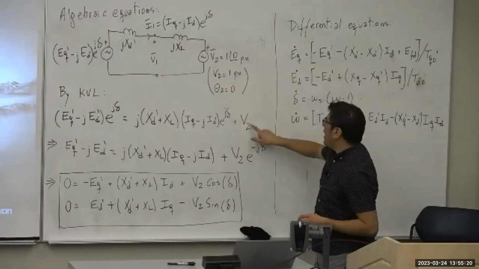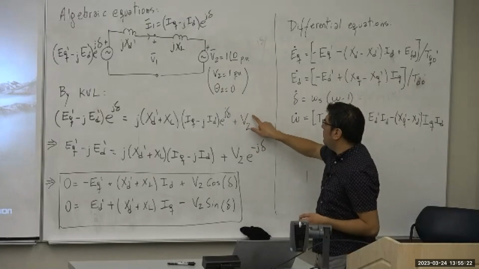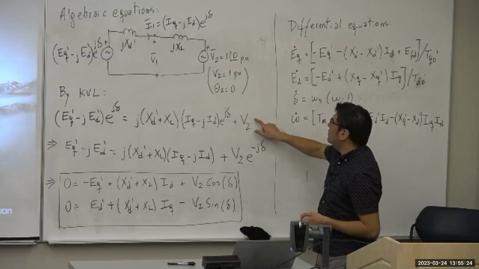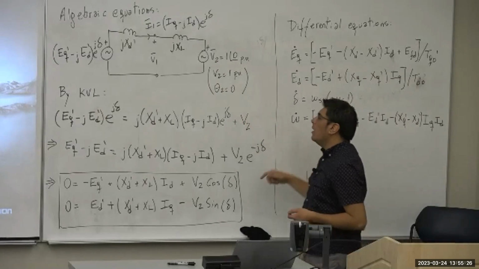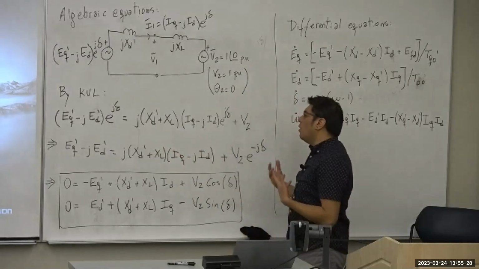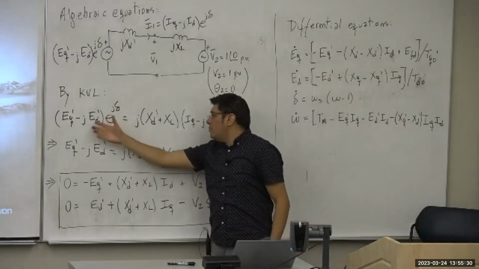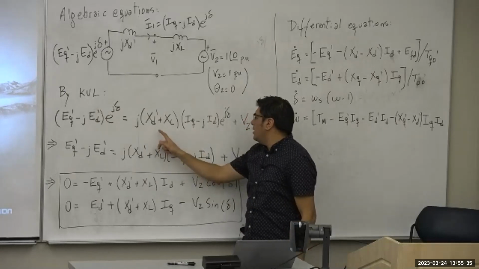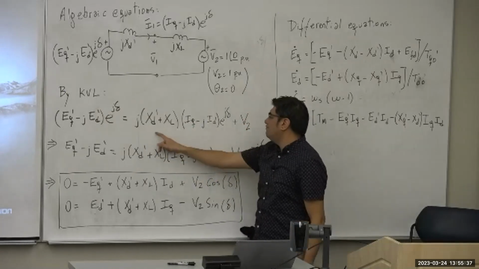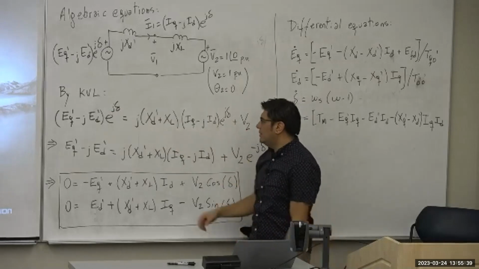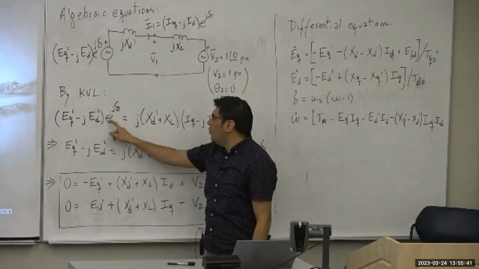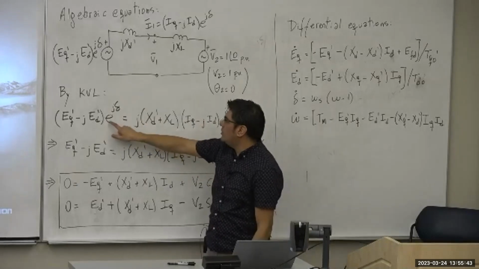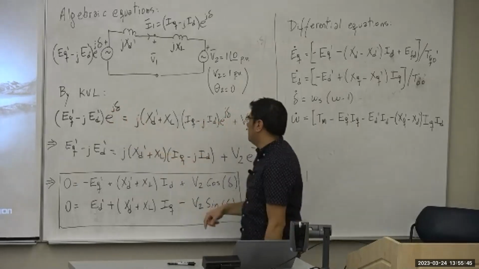Voltage V2 is 1 angle 0. So here I am just considering the magnitude because the angle is 0. So from this complex equation, we can simplify it, because here you would have to multiply 3 complex quantities, which might be tedious. So what we can do is multiply this equation by exponential of negative j delta.